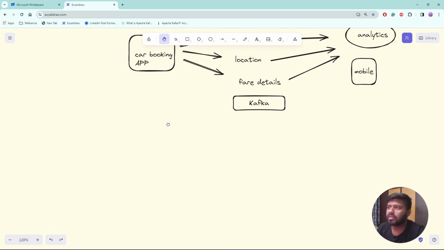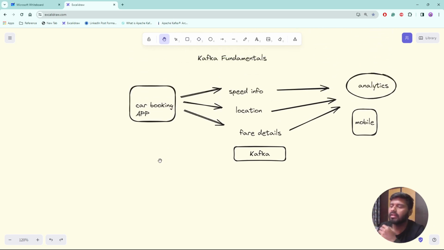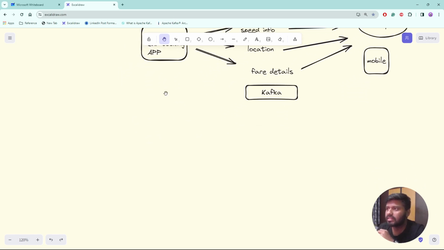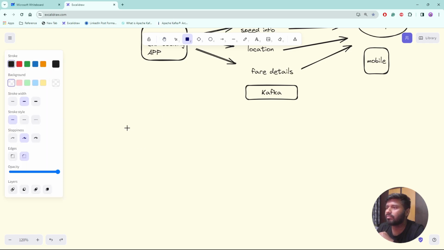First, folks, if I consider this application, what exactly does this car app do? This car application is generating some information, so in technical terms this is called producing. This car application can be called a producer because it's producing some information, isn't it?